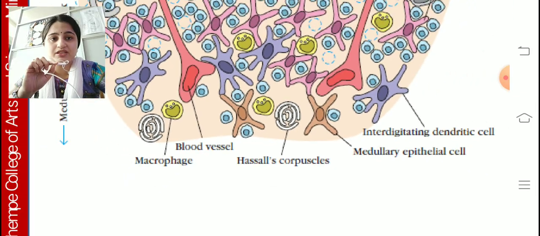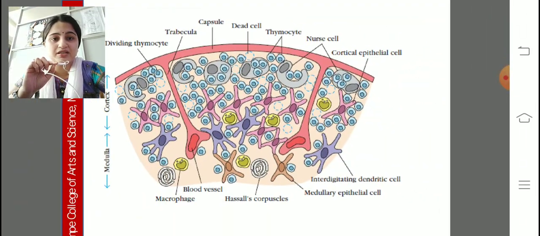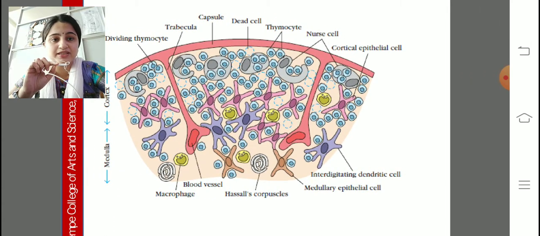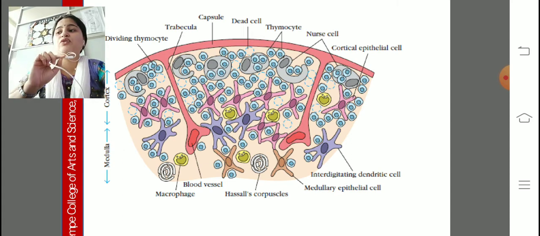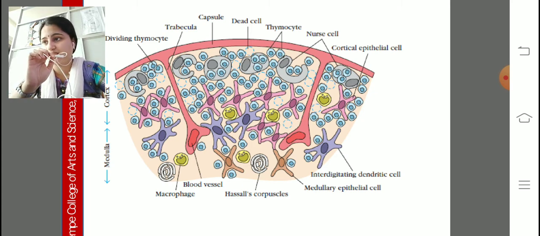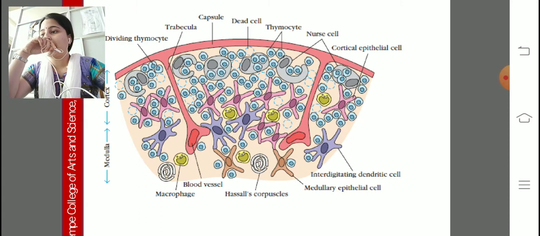So this is the complex system of the thymus, with the outer cortex and the inner medulla. The thymus also has nerve cells and long membrane extensions, and these have a lot of thymocytes, which are nothing but the T cells, forming large multicellular complexes.